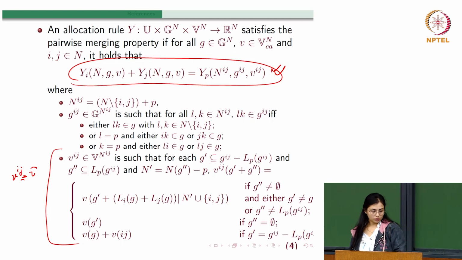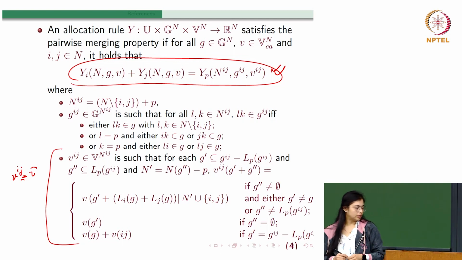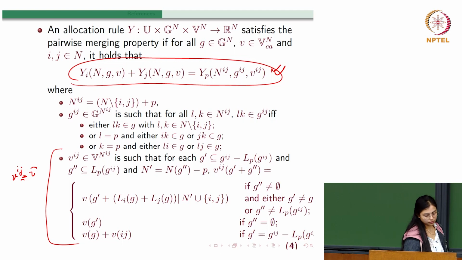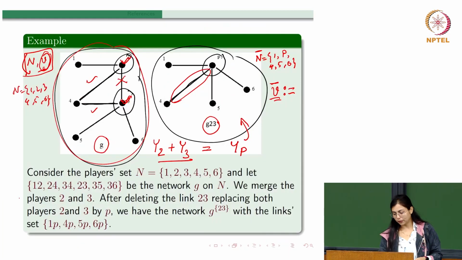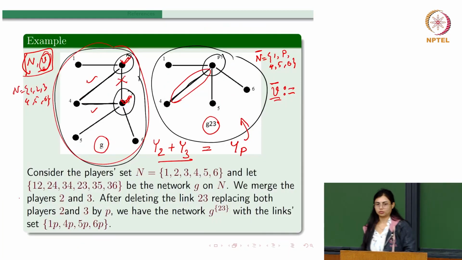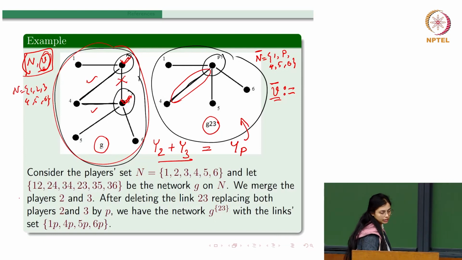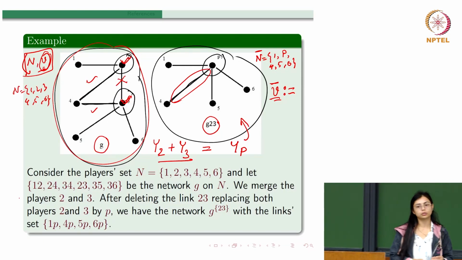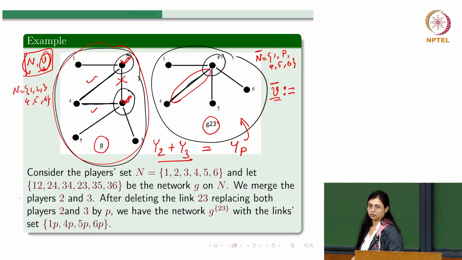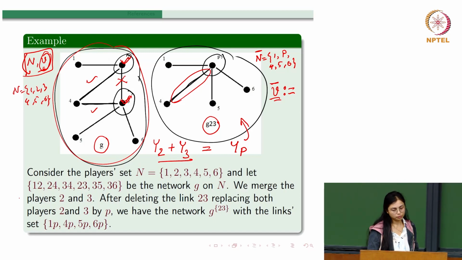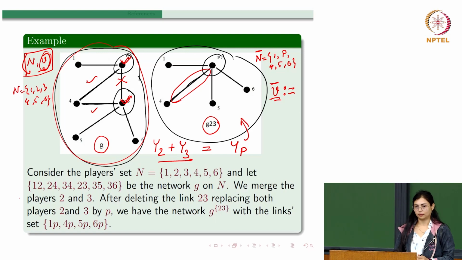Or if you want to do some coding, it will also help, because in coding we have a smaller network, and it will help us with the calculation or the coding. That's why this property is important.